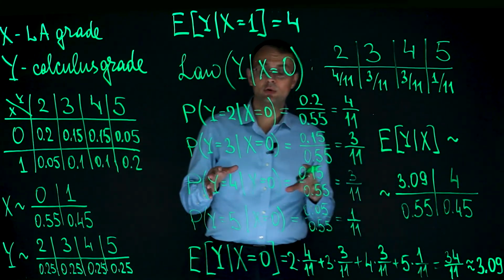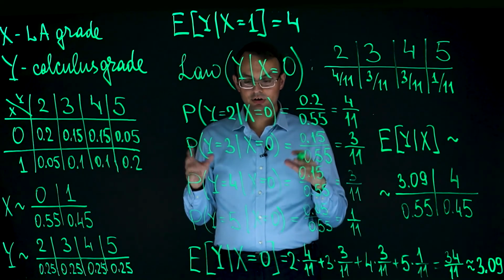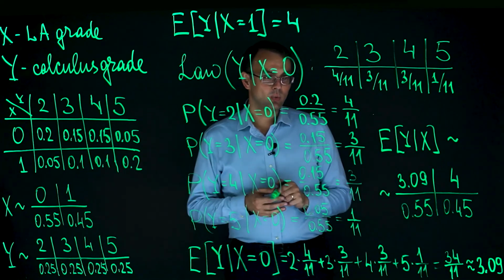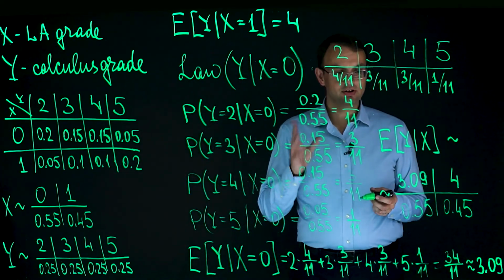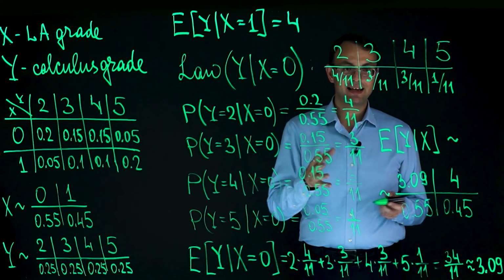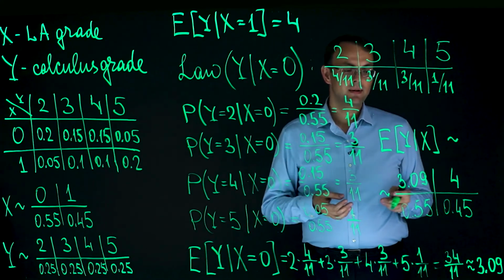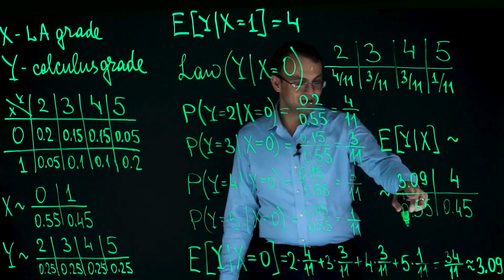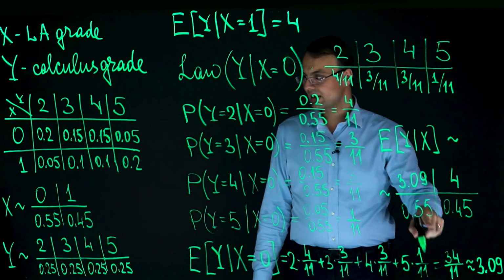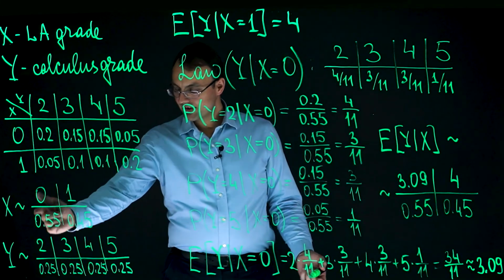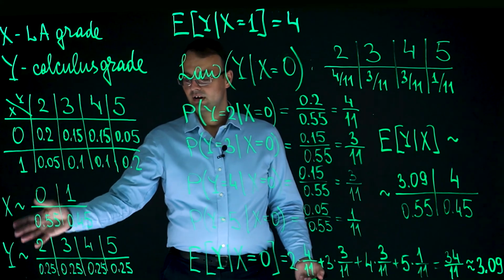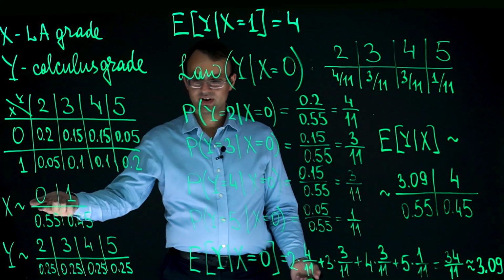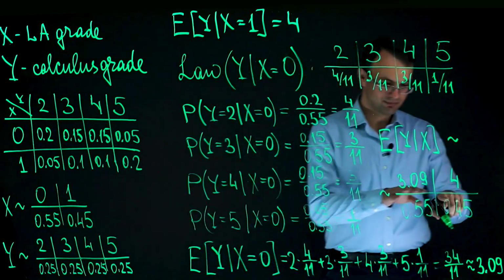So after we know conditional expected values of y for all possible values of x, we can generalize this, and we can say that the conditional expected value of y given x is a random variable of its own that can take several values. The probabilities for these distribution tables are just taken out of this table. So we just take these probabilities that we see here and move them here.